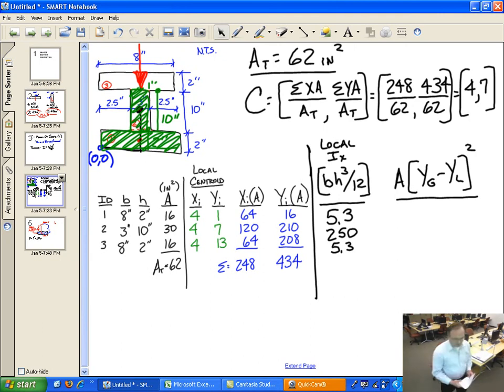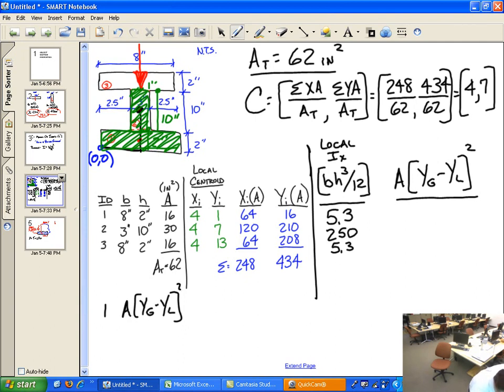When we calculate those, we get, oops, I'm sorry, my area for 1. So that's 16 times Y global, which was 7, minus Y local, which was 1, squared, which gives me 576.